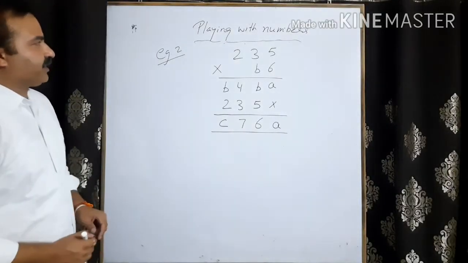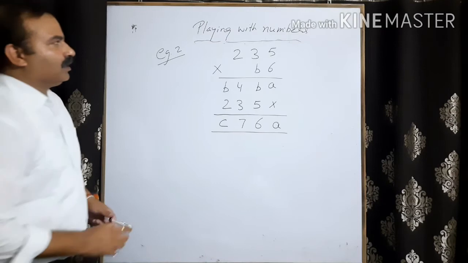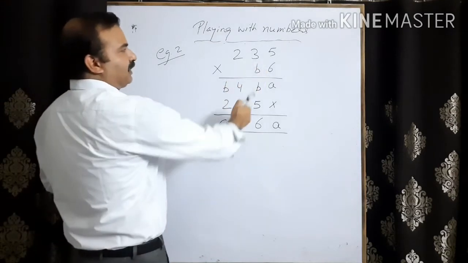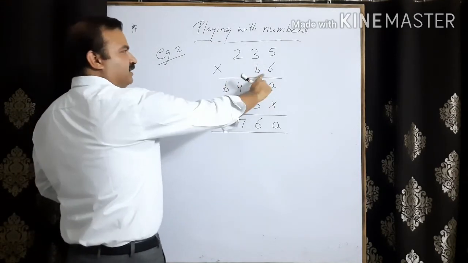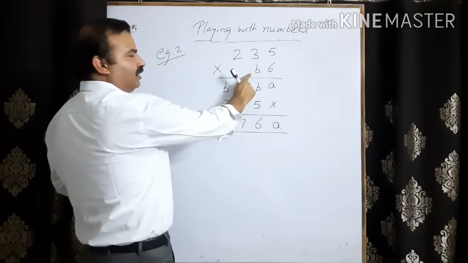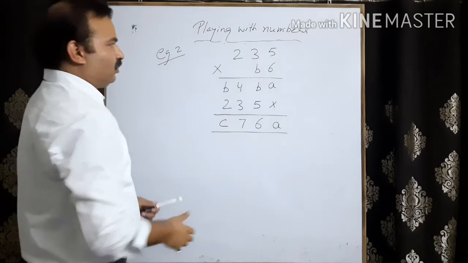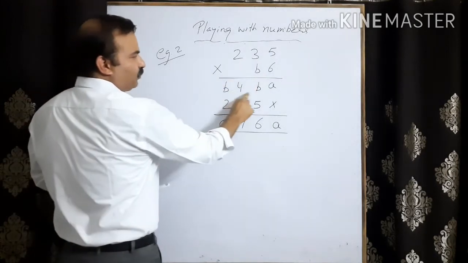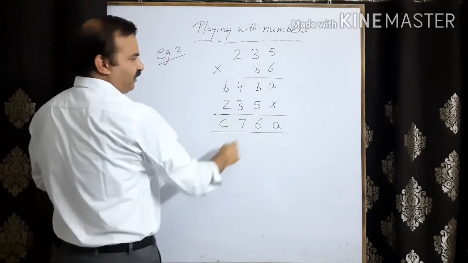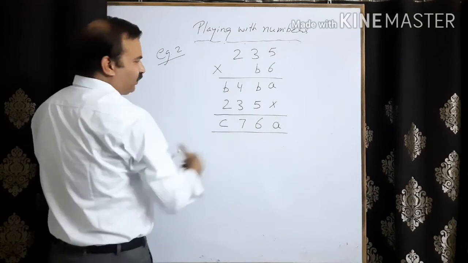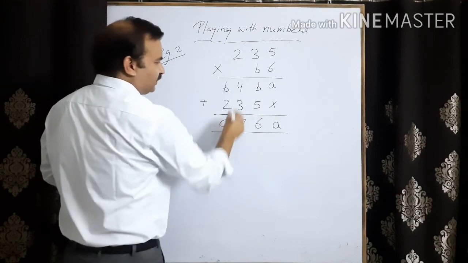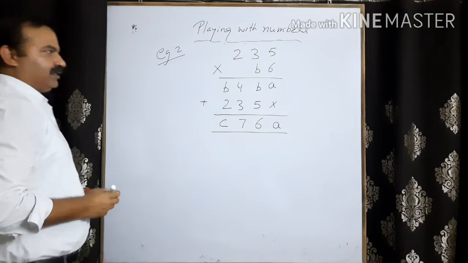Next I am going to give you an example of multiplication. This is the number 235 that is multiplied by a two-digit number. The unit digit is known, that is 6, and the tens digit is replaced by the alphabet B. When we multiply, we get B4BA, and this is 235. And what we do basically, we add these two and we get this result.